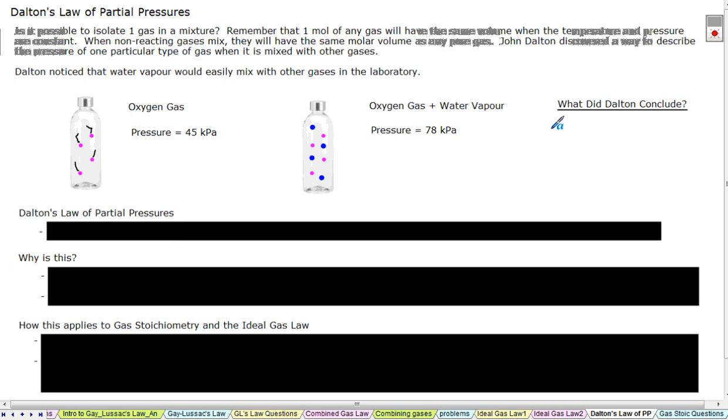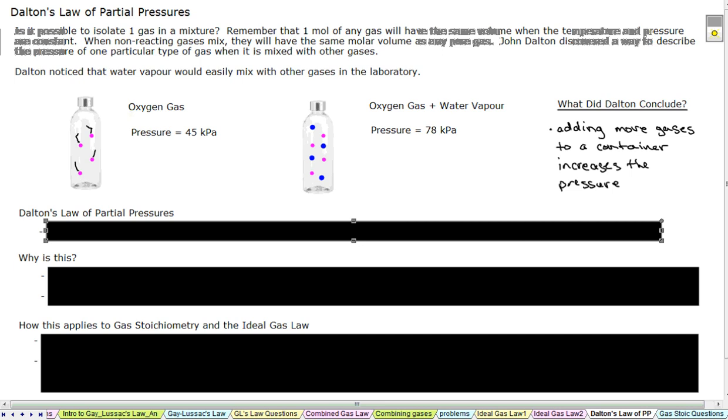That obviously the two gases added more pressure to the container. So adding more gases to a container increases the pressure.